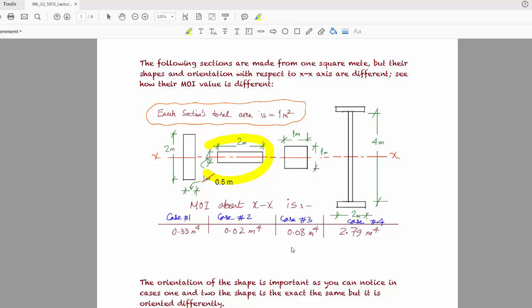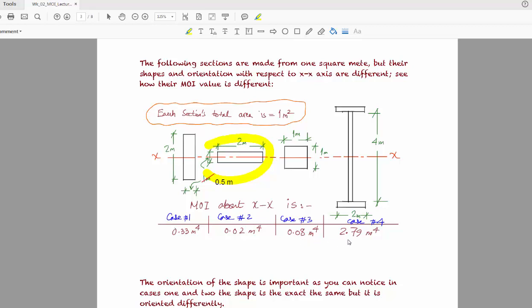And again, if you want to compare this to the first one, you do 0.33 divided by 0.08. So case one is stronger than the third by 4 something times.